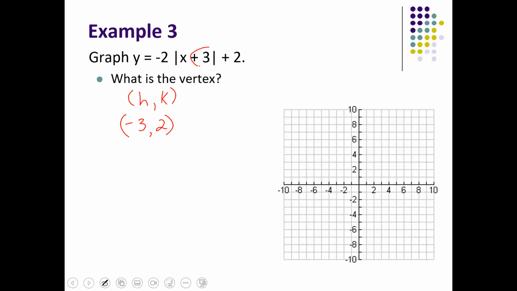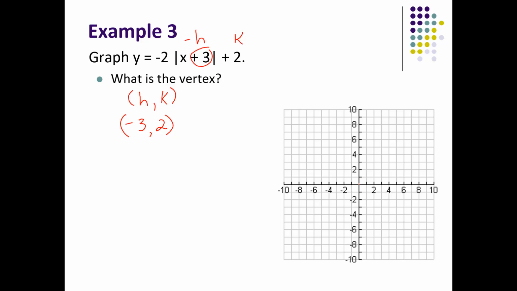Remember, this right here is our h, so the opposite of h, and this is our k. Whatever k is, that's what we use. So the vertex in this case is negative 3 comma 2. Let's move this out of the way. So that point would be here.